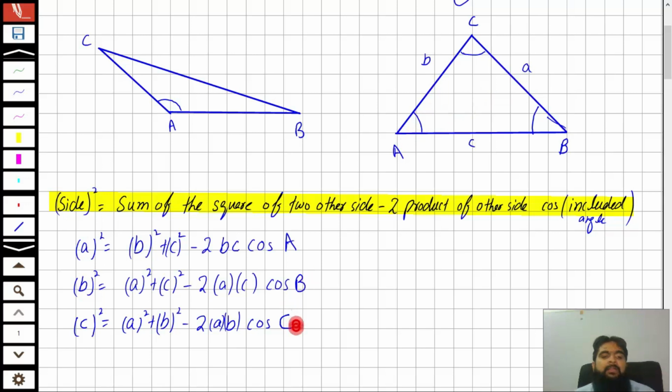If you are taking A, the opposite angle will be A, or in other words, this is the included angle of B and C.